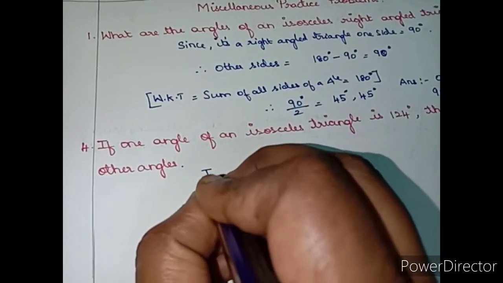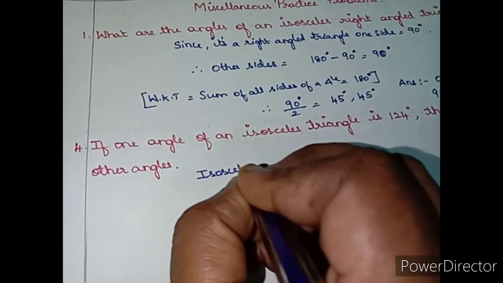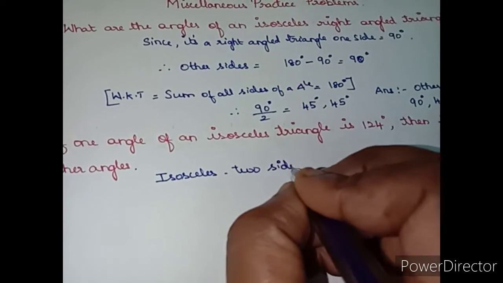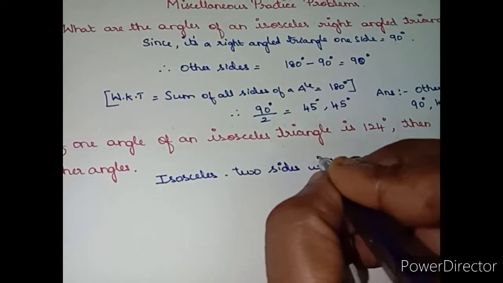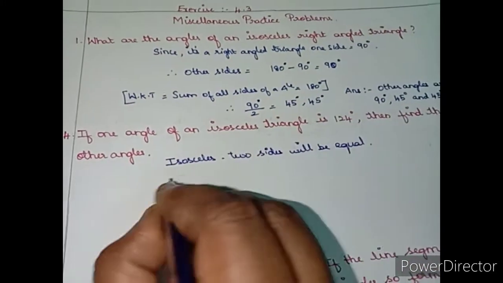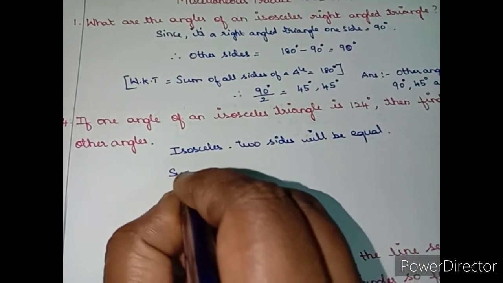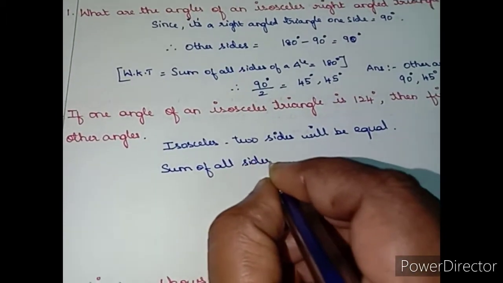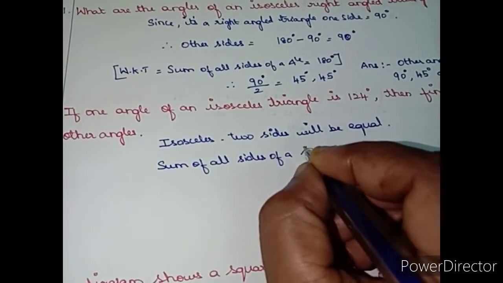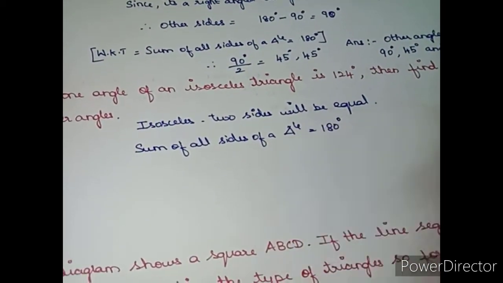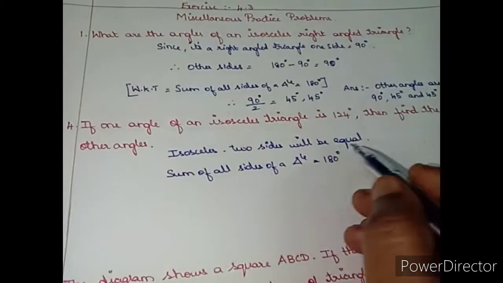In an isosceles triangle, two sides will be equal, and also the sum of all angles of a triangle is equal to 180 degrees.